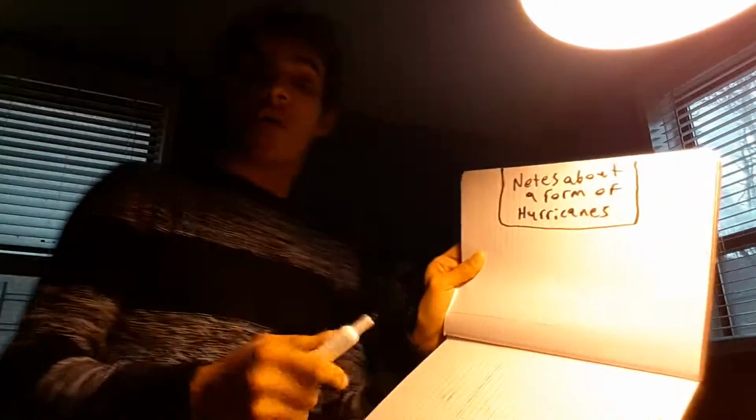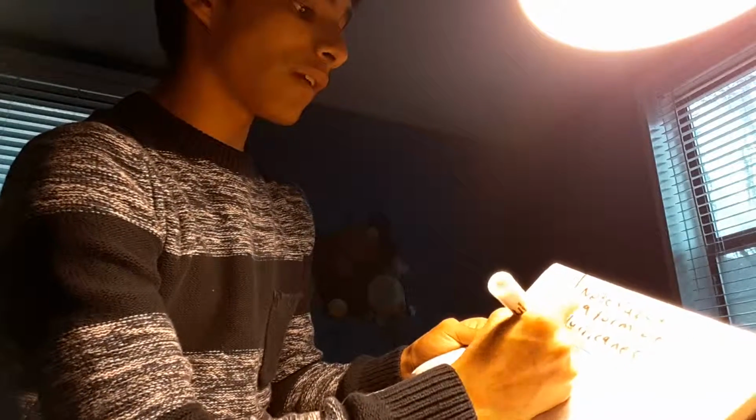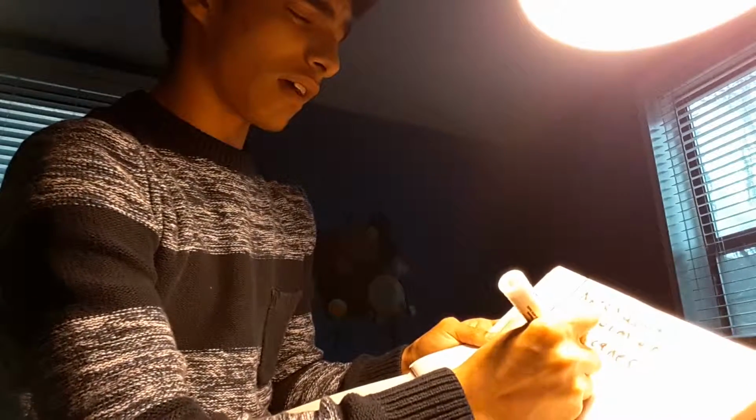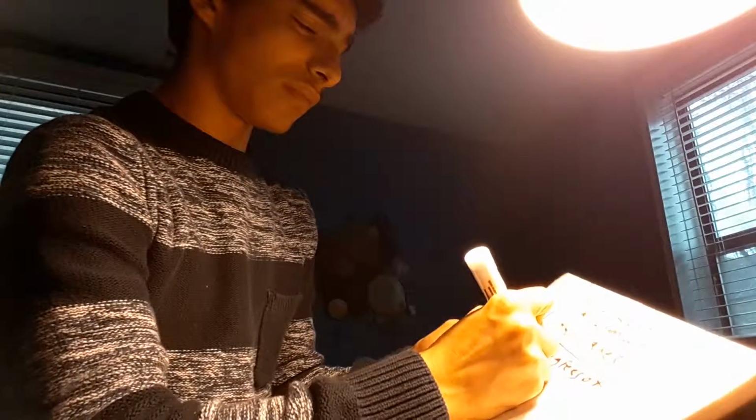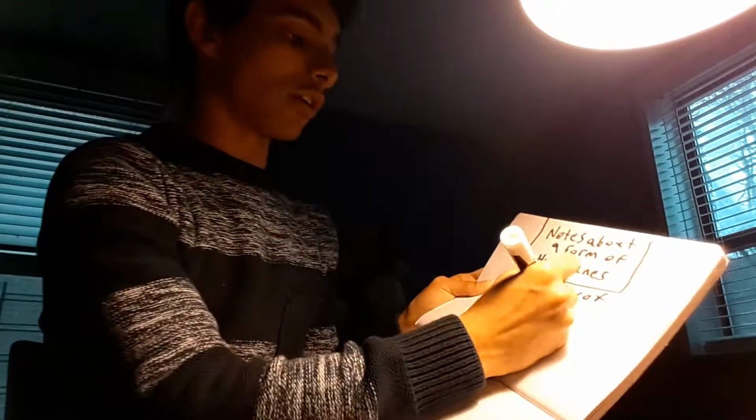Well, one basic thing that you need to know about hurricanes is that the temperature of the water must be at least 85 degrees of ocean water. So you must have at least 85 degrees of ocean water.